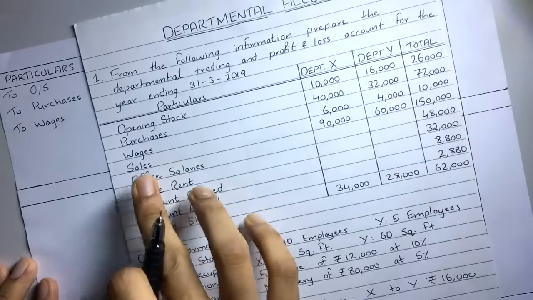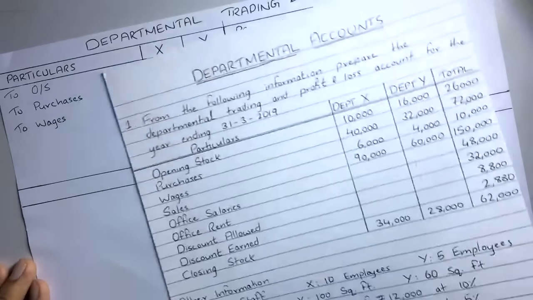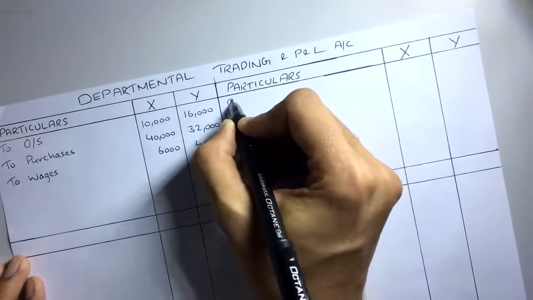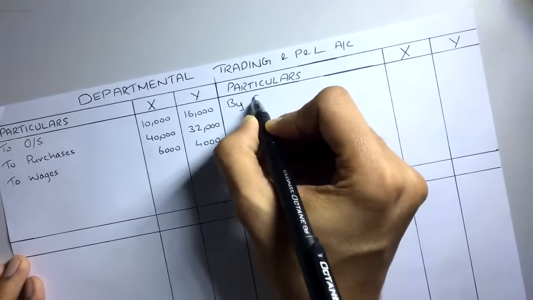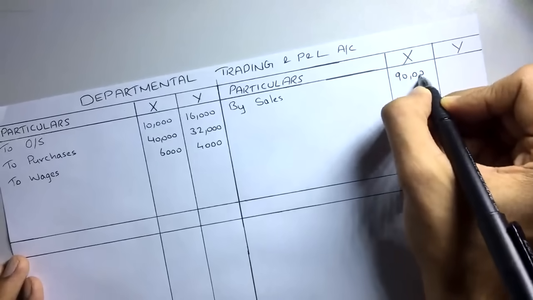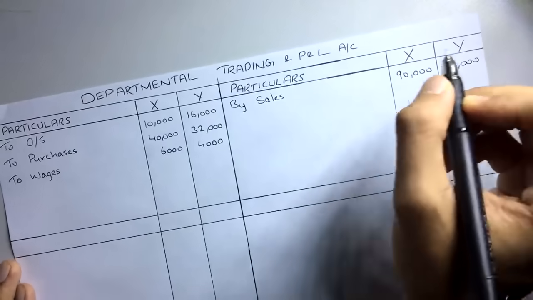Then next we have sales of 90,000 and 60,000. Now you know sales are revenue, right? We get revenue from sales, so sales will always be credited in the trading account, by sales 90,000 and 60,000. It's given separately.